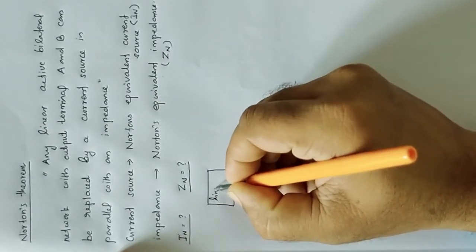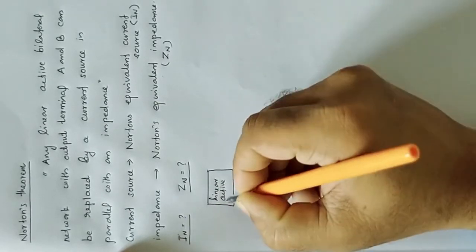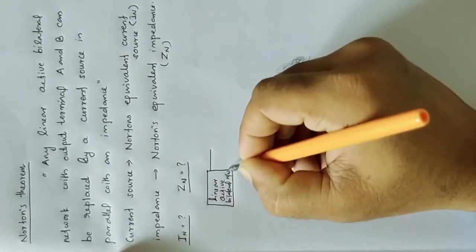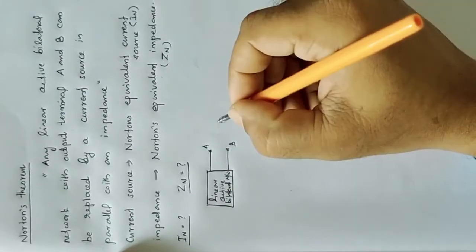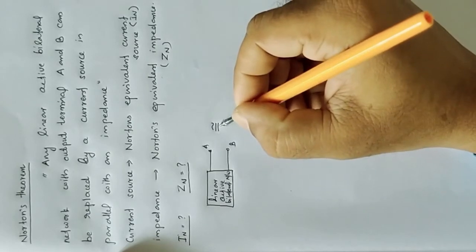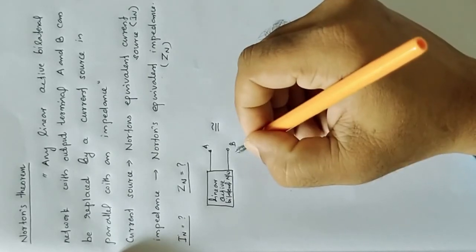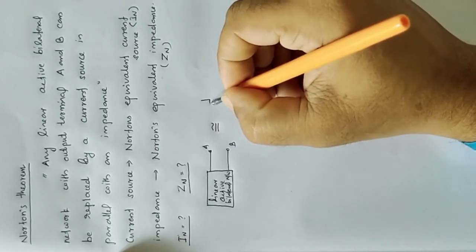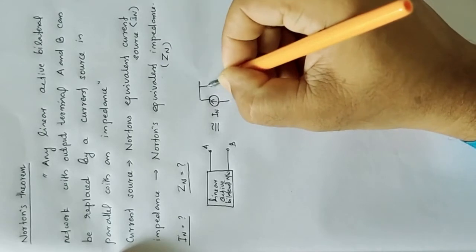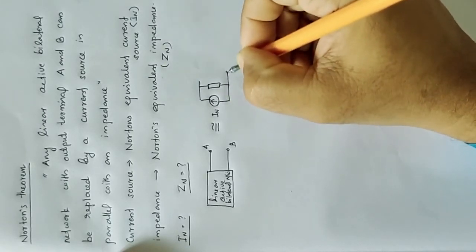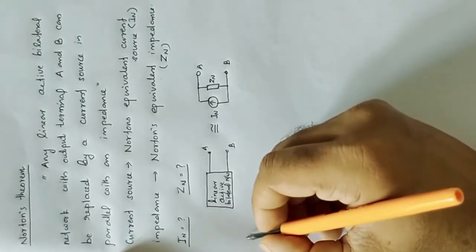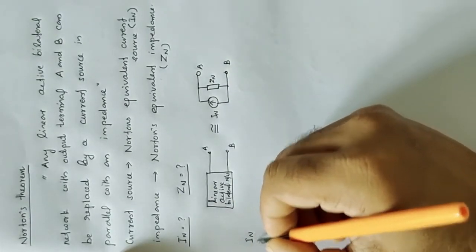Let's consider a linear active bilateral network with output terminals A and B. Based on Norton's theorem, this network can be replaced by a current source IN in parallel with an impedance Zn with the same output terminals. Now let's see how to find IN, Norton's equivalent current.